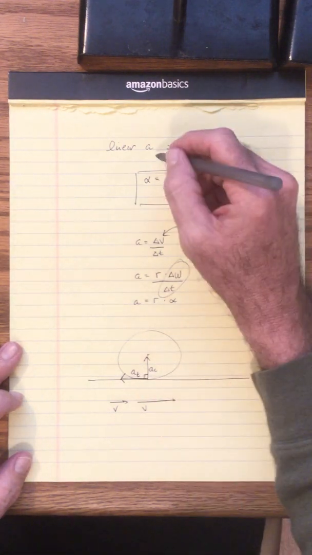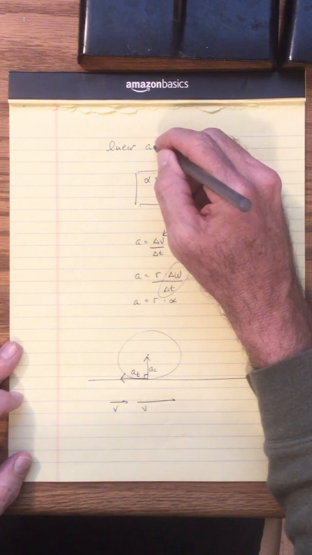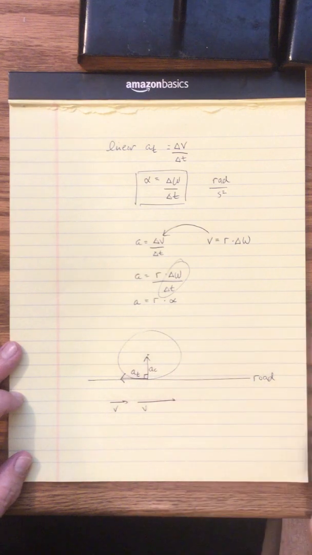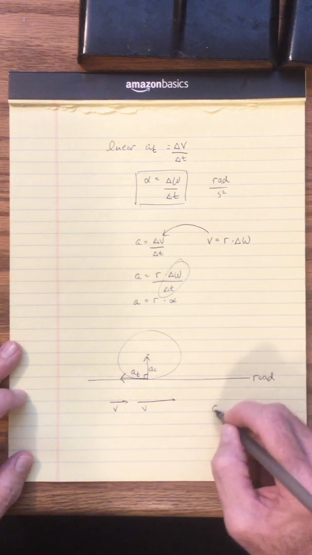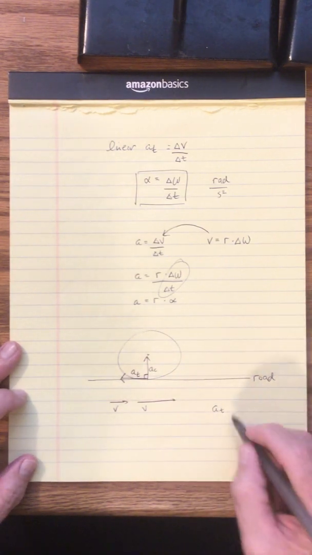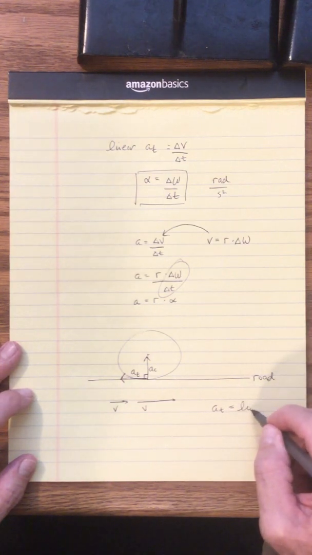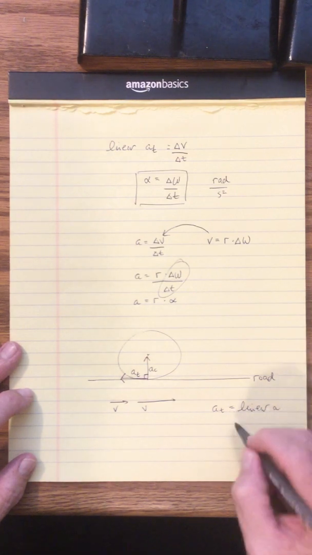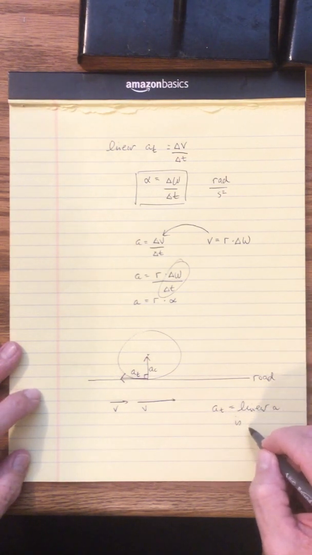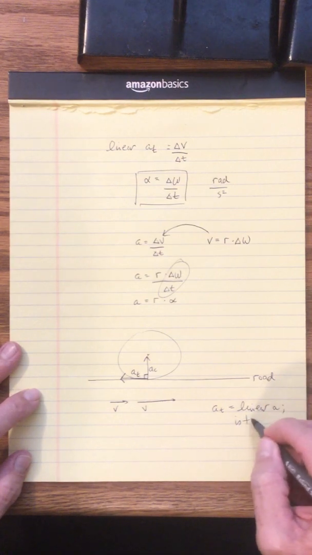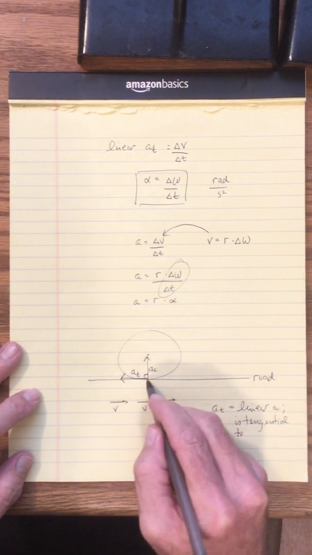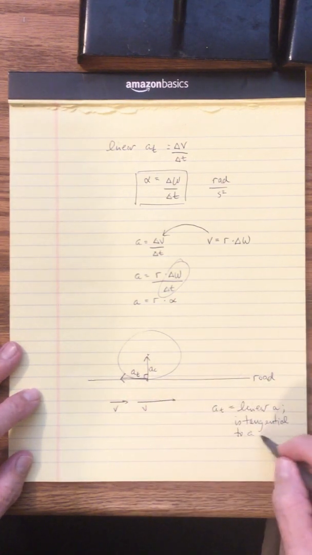Tangential acceleration actually is just another name for the linear acceleration, as it occurs at a tangent from the circle. So it's tangential to a point on the circle, which is right there.